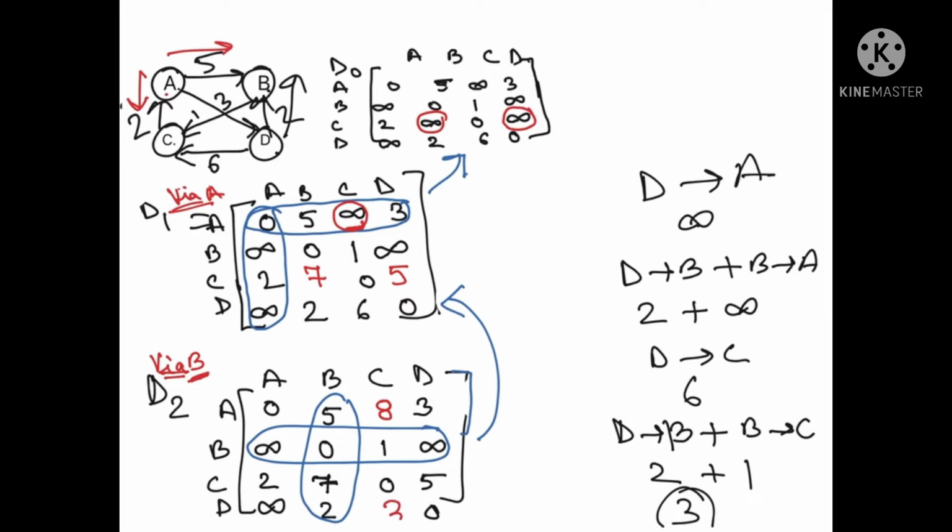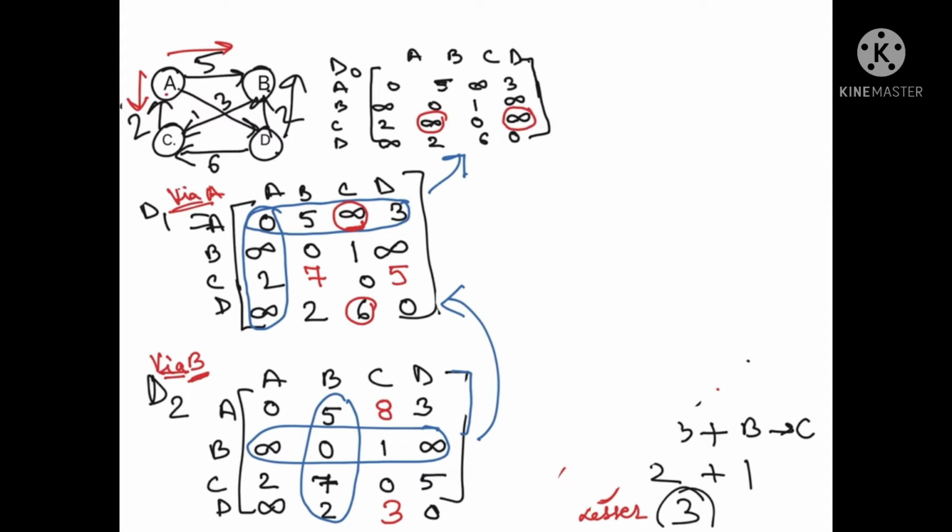So this becomes 3. Okay, this will change. Why? Because 6 is greater than 3. So we will use the lesser one. Okay, got it? Alright.